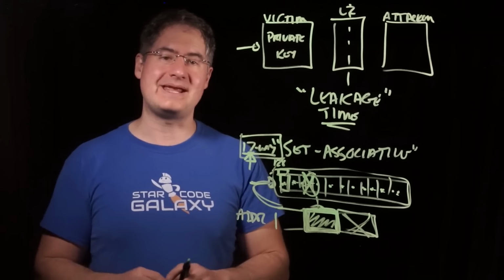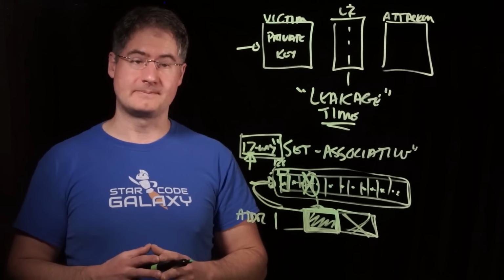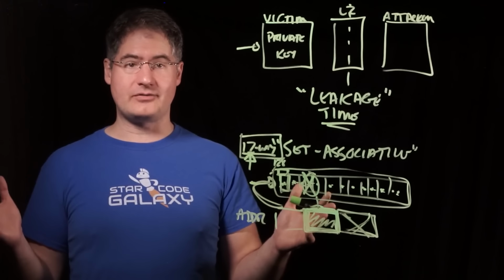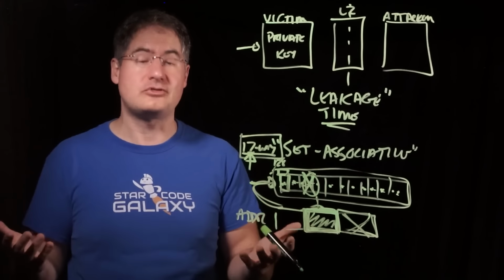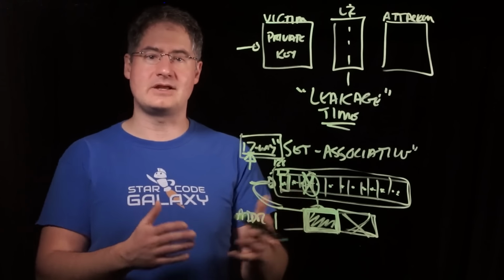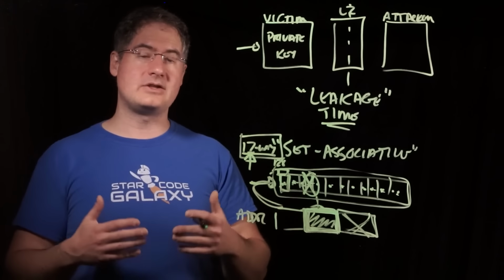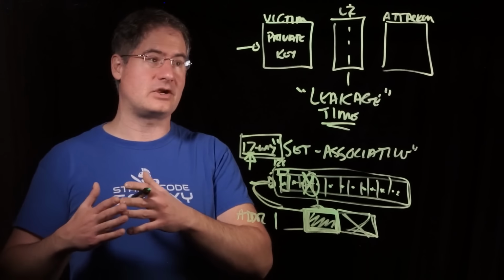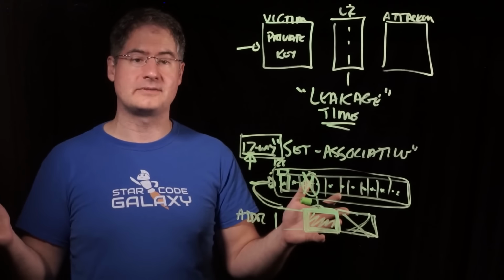So that gives them the basis to mount an attack. Now, this is not new. This is not part of the GoFetch paper's contributions. This is something that has been known for a while. When you look at things like microarchitecture attacks, timing attacks, there's a whole range of cache attacks.